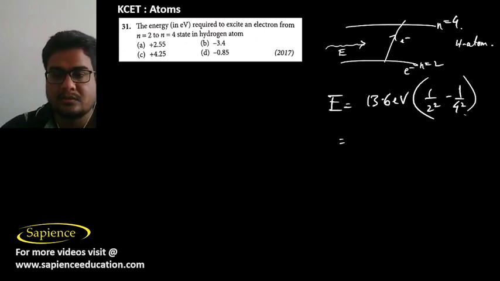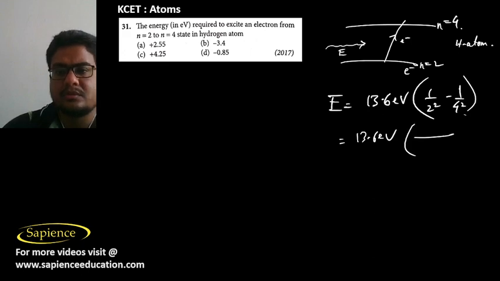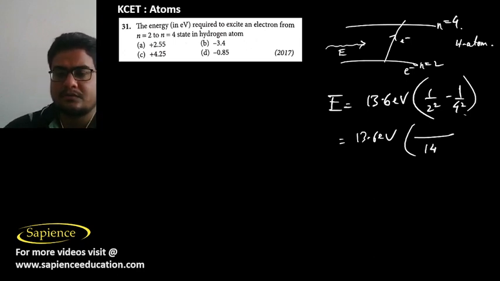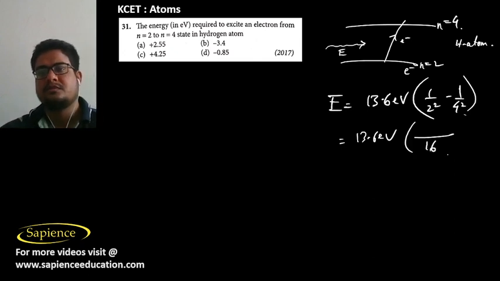That is 13.6 electron volt into 1 by 4 minus 1 by 16. The LCM is 16, so 4 minus 1 is 3.